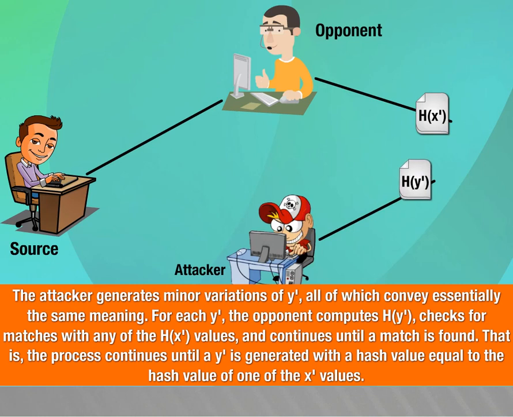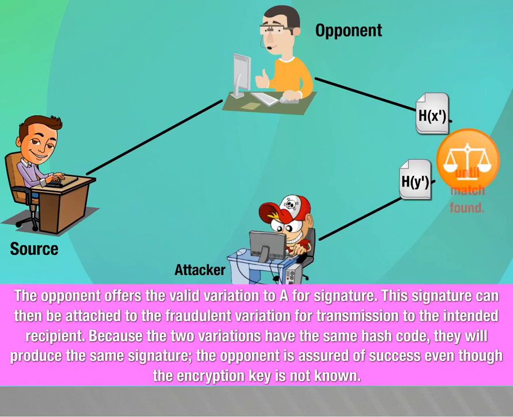For each y', the opponent computes h(y'), checks for matches with any of the h(x') values, and continues until a match is found. That is, the process continues until a y' is generated with a hash value equal to the hash value of one of the x' values. The opponent offers the valid variation to A for signature.